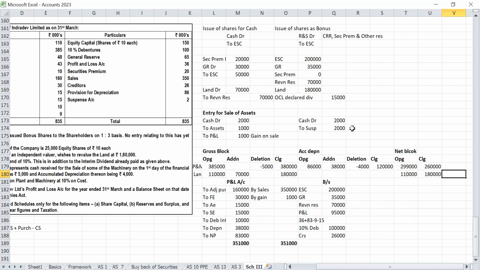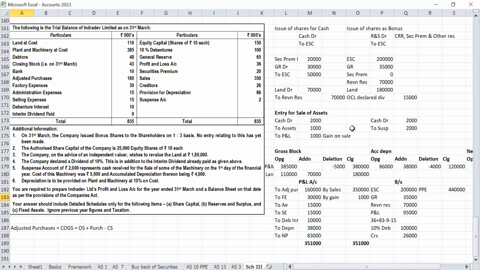Total value we have computed as PPE 4,40,000. Then debtors 48,000. Inventories 43,000. Then cash and cash equivalents, 10,000 bank.